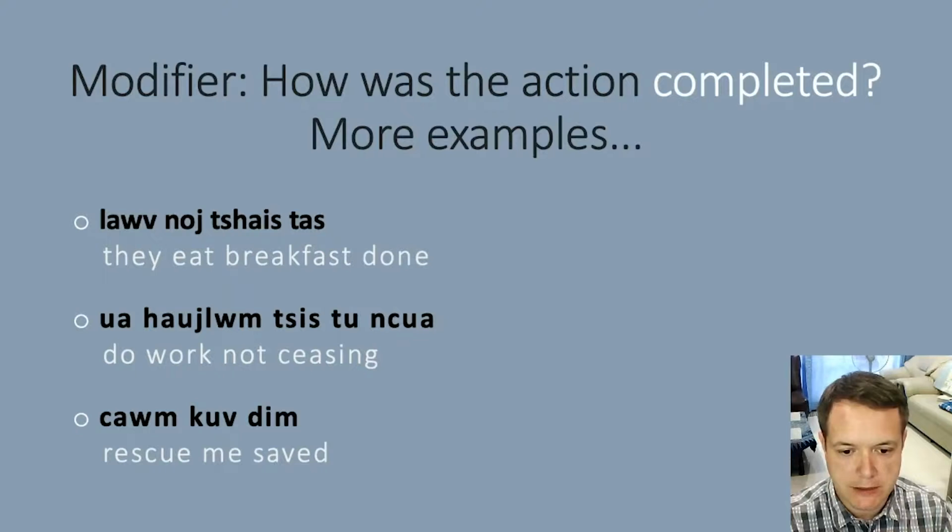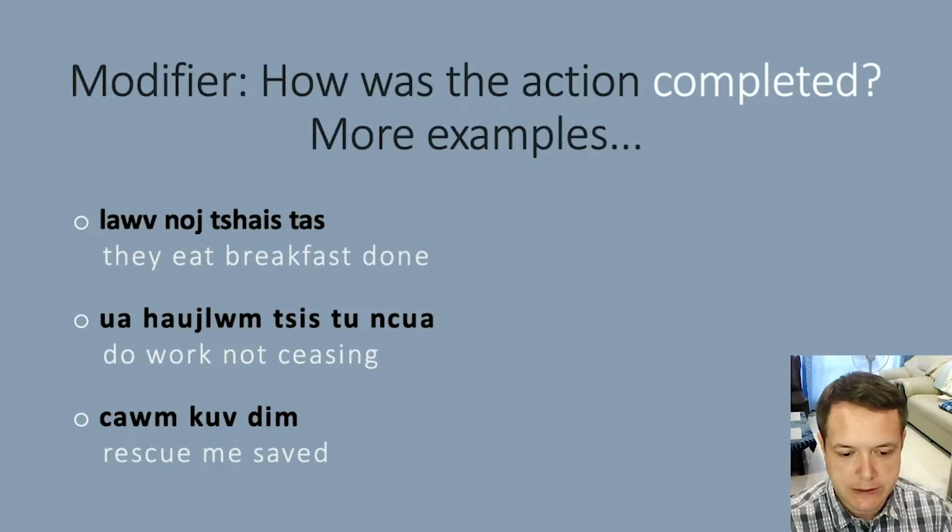How are we completing the action? Ji dun jua, not ceasing or unceasingly. And then finally, chao gu di. It's a good example of, even though it sounds redundant, which it is, rescue me saved, or it could be save me saved. That's just the common pattern in Hmong.